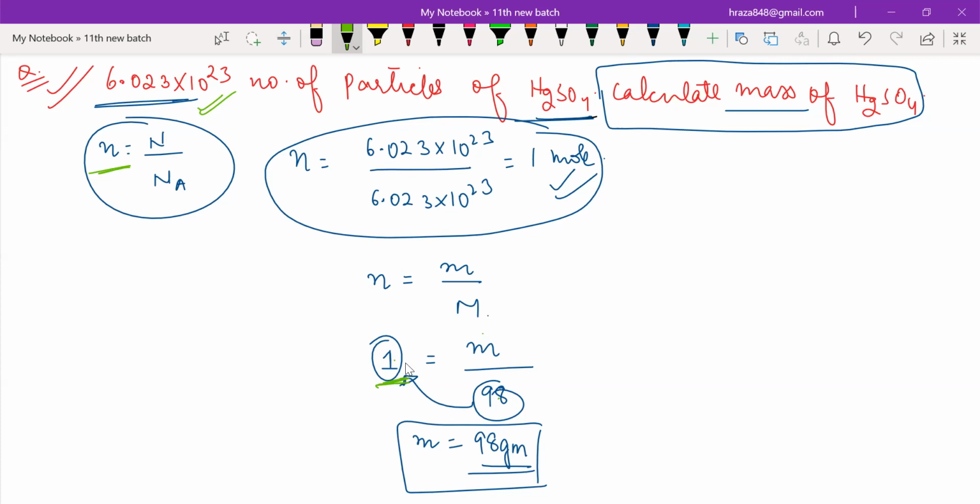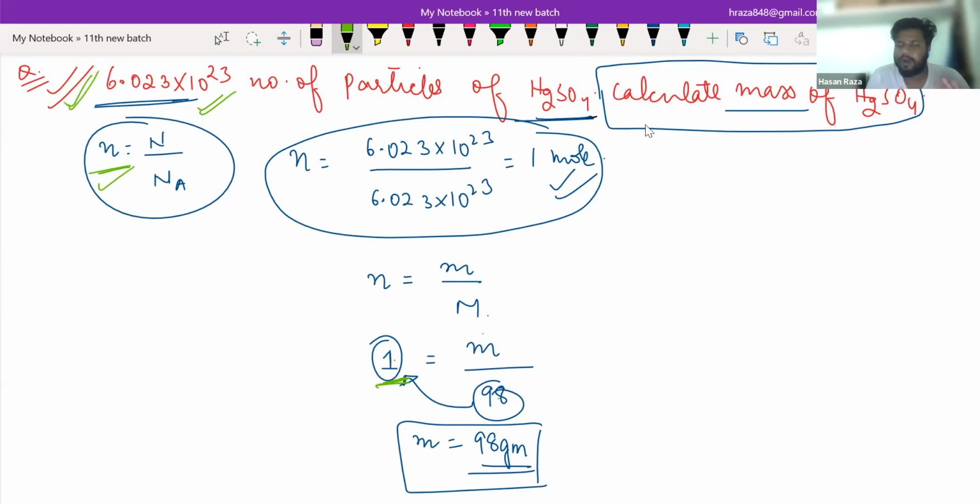So basically, what we did, we just calculated the number of moles with the help of the given number of particles. And what we needed to calculate is the mass of H2SO4. Since we have three formulas for finding the number of moles, one formula is used for finding the number of moles, and one formula we use for finding the mass.